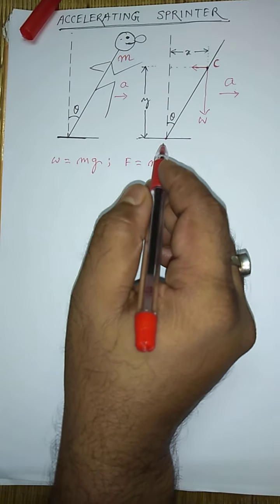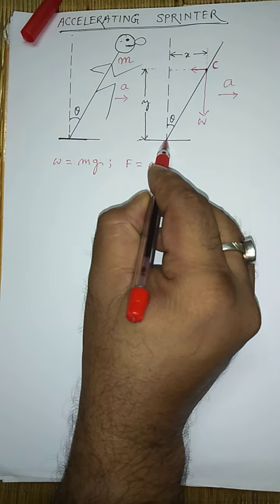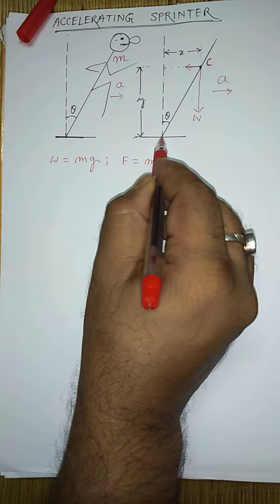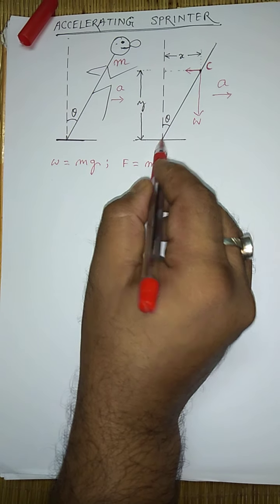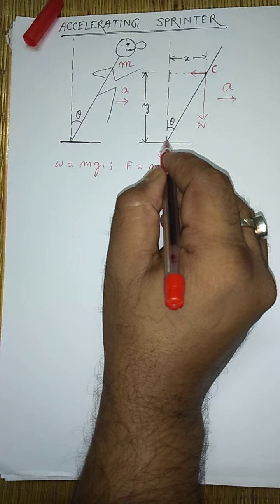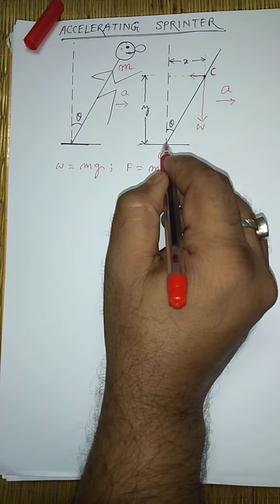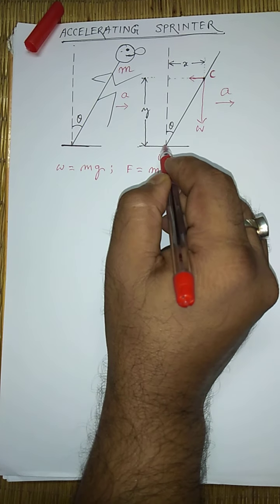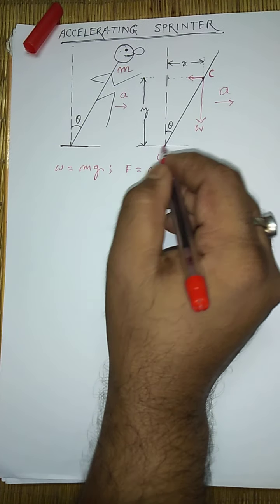The force of static friction acts on the sprinter through the point of contact, directed opposite to the direction in which the grounded foot of the sprinter tends to slide.